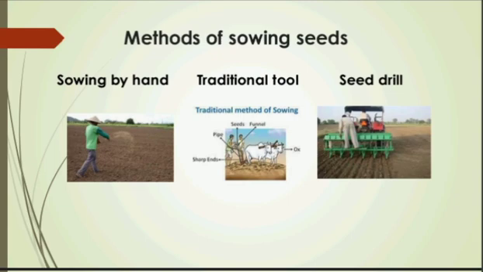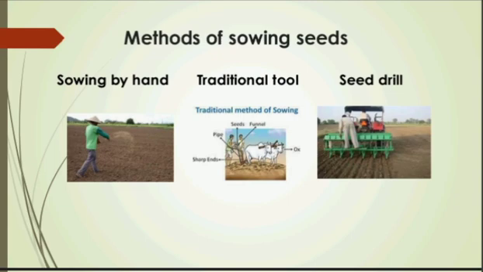Nowadays the seed drill is used for sowing with the help of tractors, and this tool sows the seeds uniformly at proper distances and proper depth. It ensures the seeds get covered by the soil after sowing, and this prevents damage caused by birds, and sowing by using a seed drill saves time and also labor.